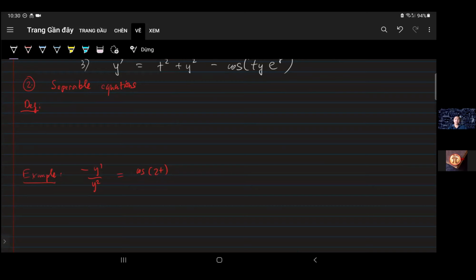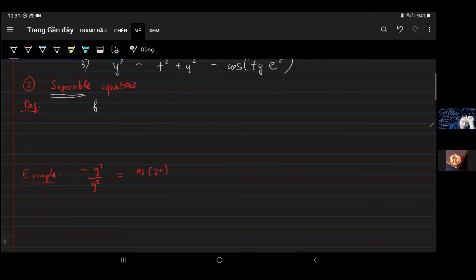So what does it mean by separable equations? From here you can kind of guess what it is. We have an independent variable and a dependent variable. If we can separate them by multiplication, that means it's a separable equation. What exactly is that?